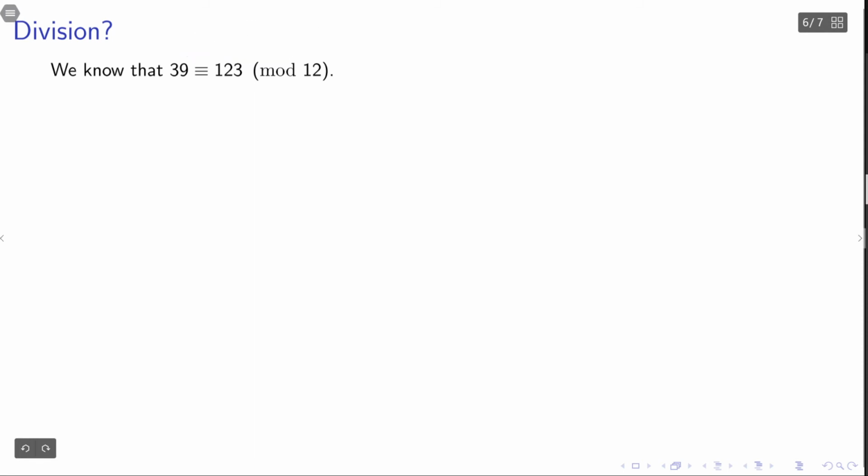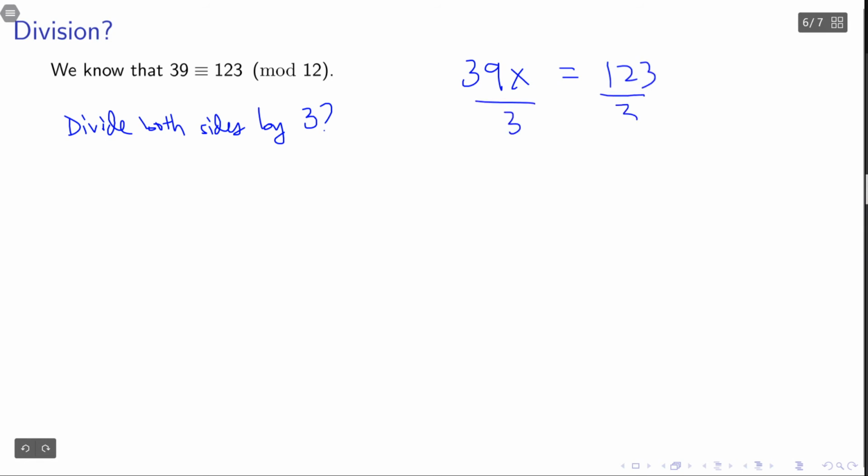But what happens when I divide by 3? I know I can do that if it's just a regular algebraic equation. If it's just an equation, not a congruence, I can do stuff like divide both sides by 3 in order to simplify my calculations. But what happens when I try doing that with a congruence?